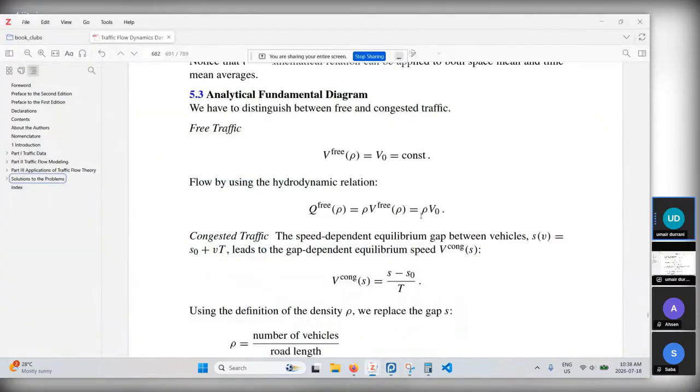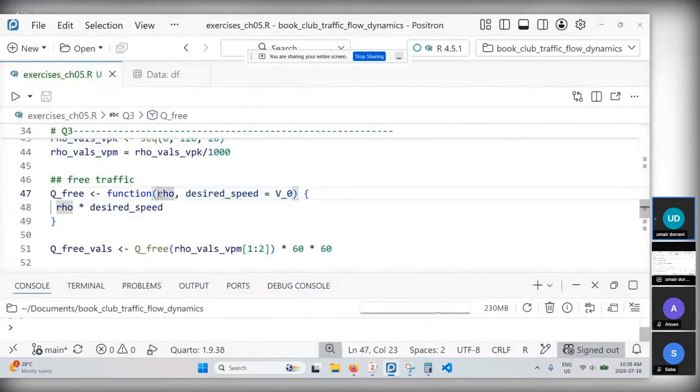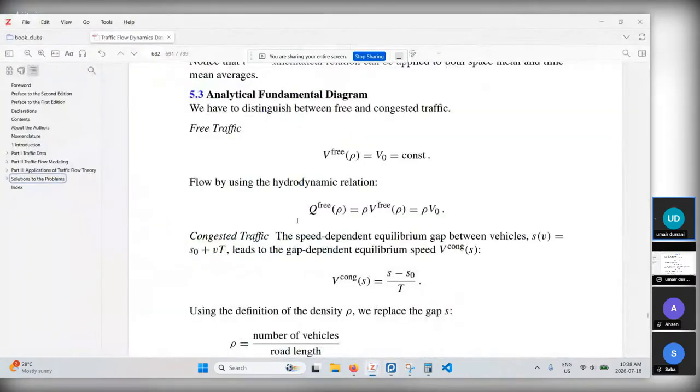So in this case, remember this formula, density or rho into V naught. That's exactly what I'm doing here. We are giving it rho and the desired speed, multiplying rho with the desired speed. And then we need to estimate this that I do here. But before I show you how this is working, let's read further.